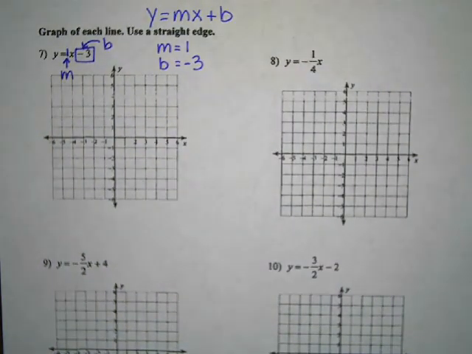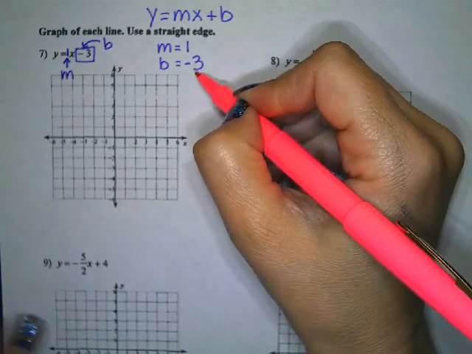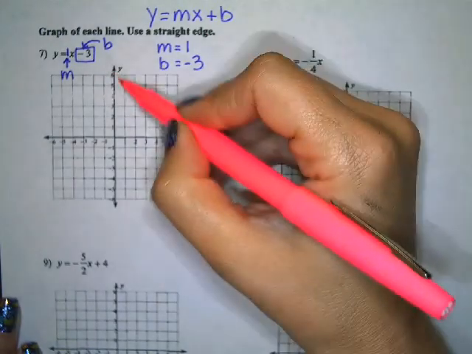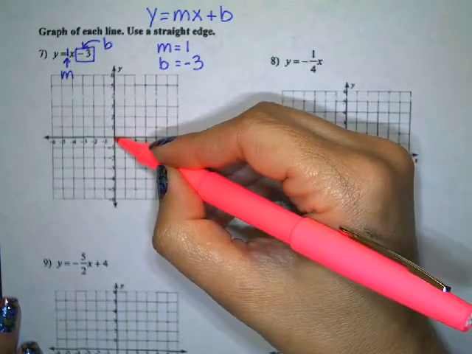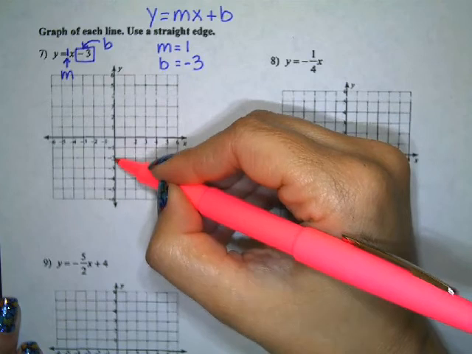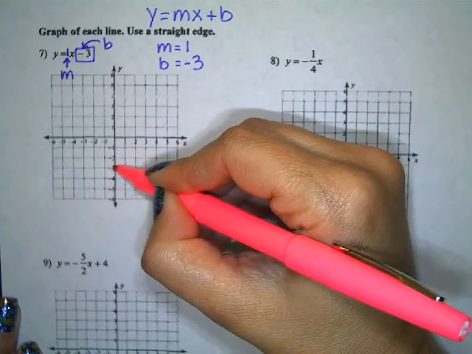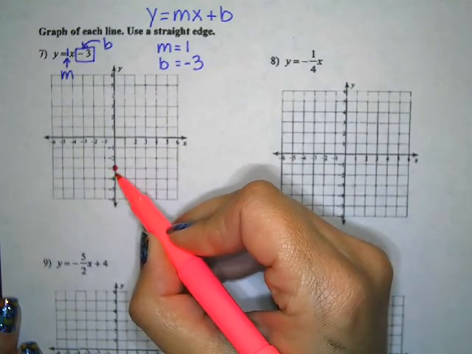So step 1 was to plot the y-intercept, or the b value, on your graph. So if b is negative 3, this means that it crosses the y-axis, which is the vertical, at negative 3. So I'm going to go down here to negative 3 and put a dot. So that's the first dot on my line.